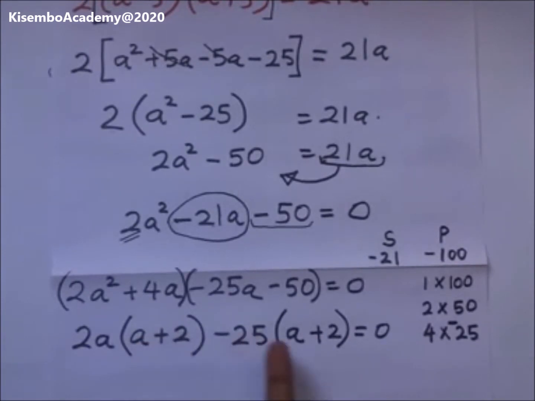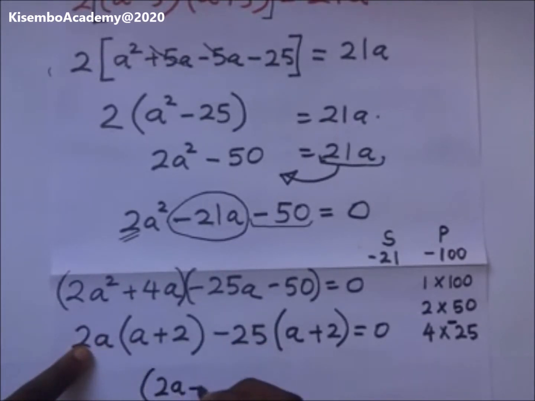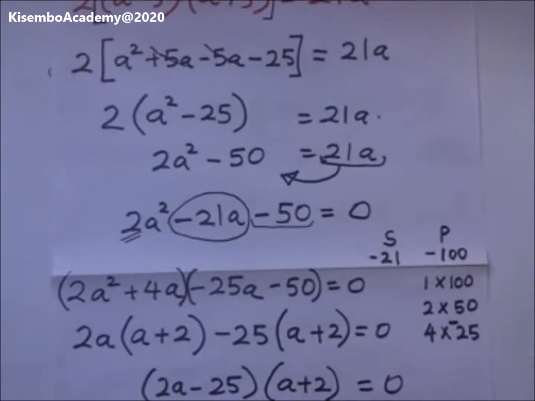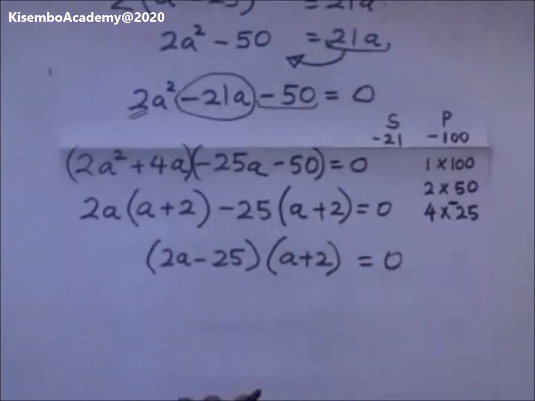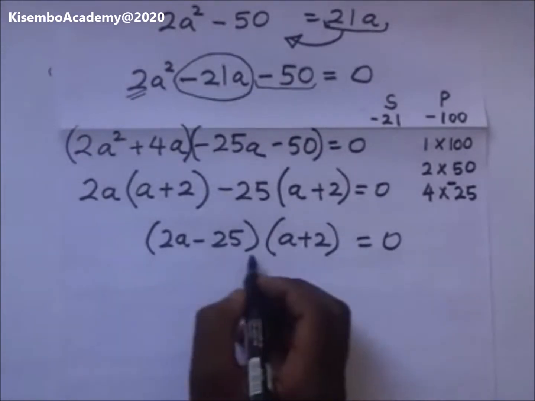Of course, the terms in the brackets are supposed to always be the same. So with 2a minus 25, we put that in its own bracket. 2a minus 25 into a plus 2 is equal to 0. There we have factorized the expression, so we go ahead and find the value of a.